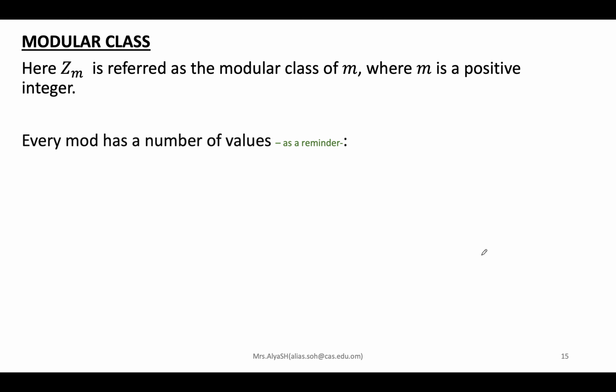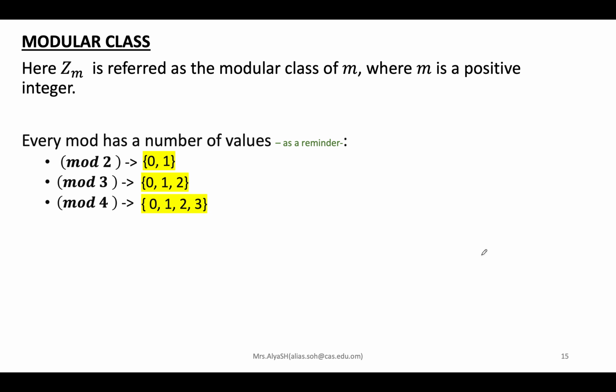Every mod has a number of values as a remainder. So mod 2 gives the possible remainders 0 or 1. If I divide any number by 2, I might get only a remainder of 0 or 1. Same, the possible remainder for mod 3 is either 0 or 1 or 2, and for mod 4 either 0 or 1 or 2 or 3.